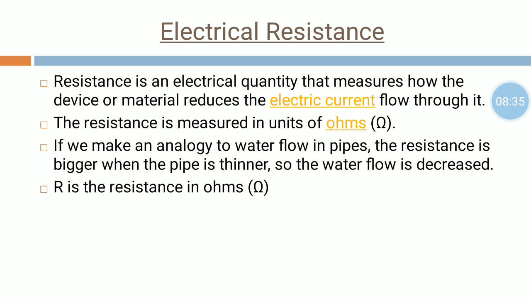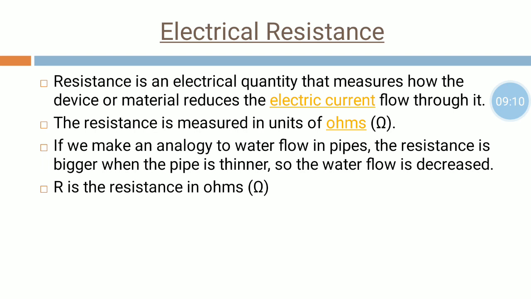For example, if water is flowing through a pipe and you want to resist it, how can you do that? You can reduce the diameter of the pipe, or increase it. Are you getting it? When you reduce the diameter of the pipe, it resists the flow of water.